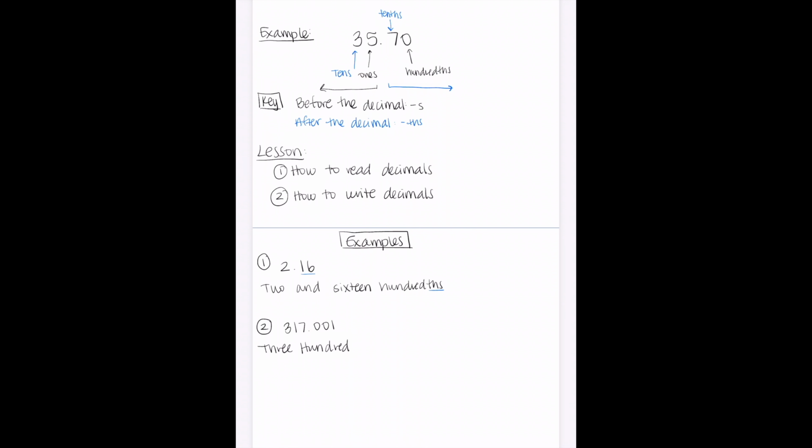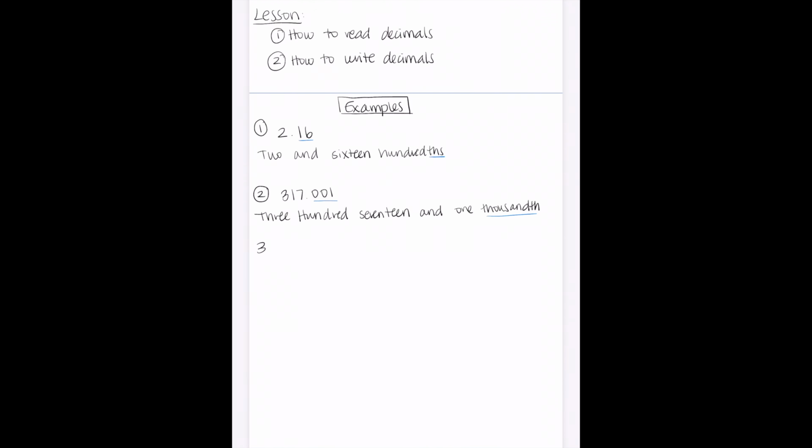Once we write the 317, then we would write the word "and," because "and" is equivalent to that decimal. Then we have 2 zeros, and our 1 is in our third place value, so that would be thousandths. So it would be 317 and 1 thousandth for number 2.